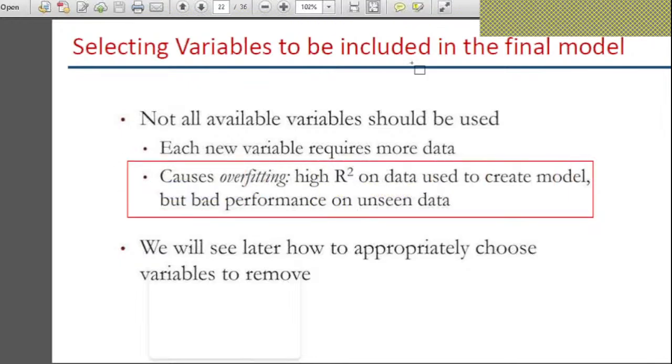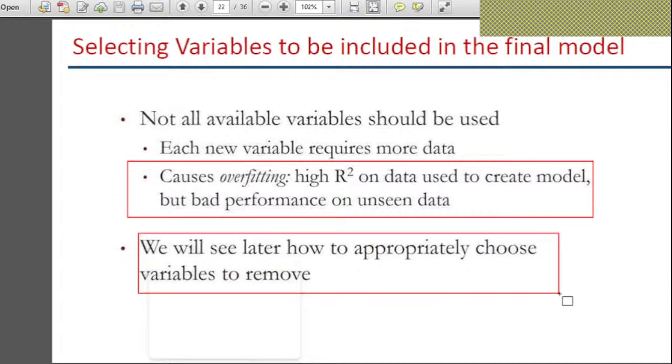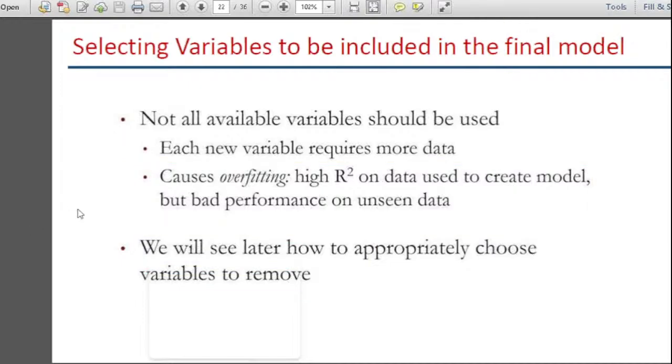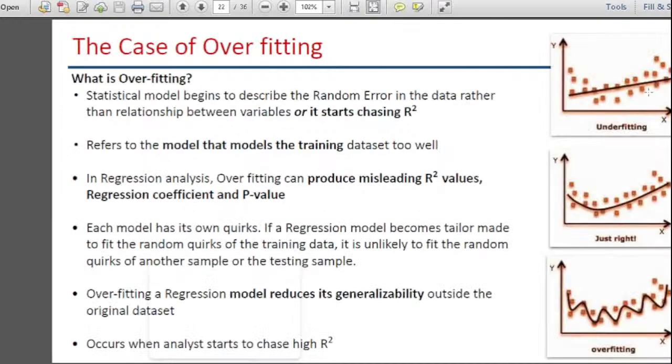It causes a higher R square on data used to create the model, but bad performance on unseen data. We'll understand overfitting in the coming slides, so let's skip this point right now. We'll see later how to appropriately choose variables to remove. Fine, so now let's see what overfitting is.